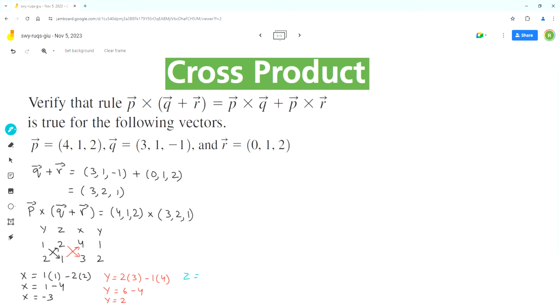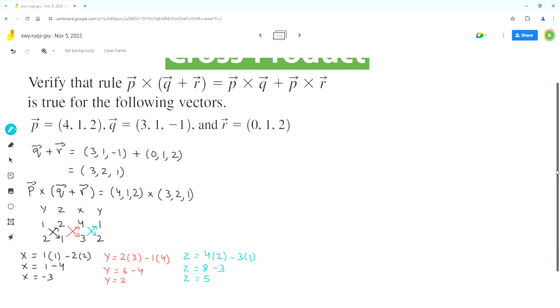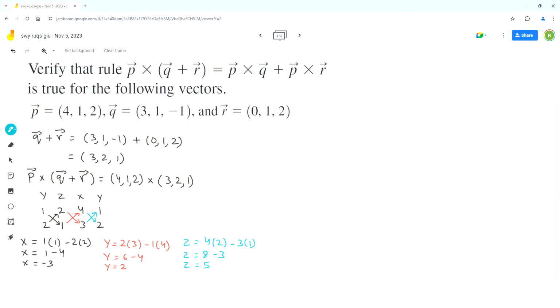And we should cross multiply the x and y component. So the cross product is a vector whose components are -3, 2 and 5. So this is the result we got for the left side of the given rule equation.